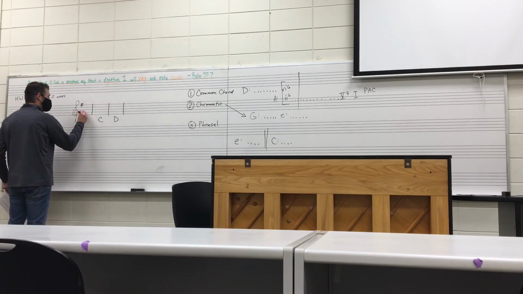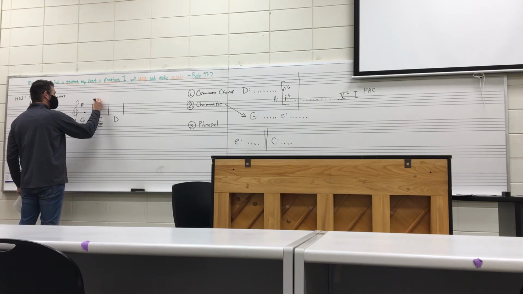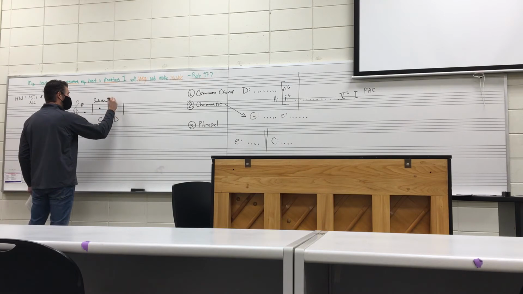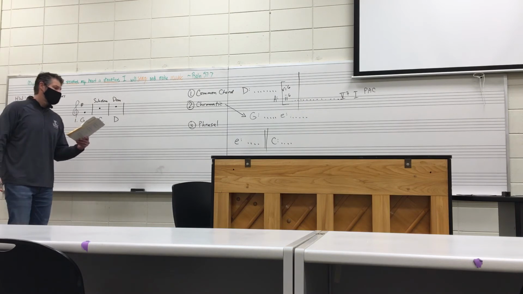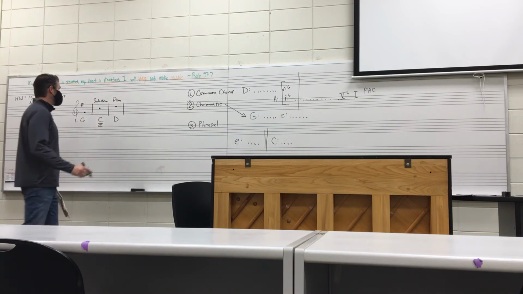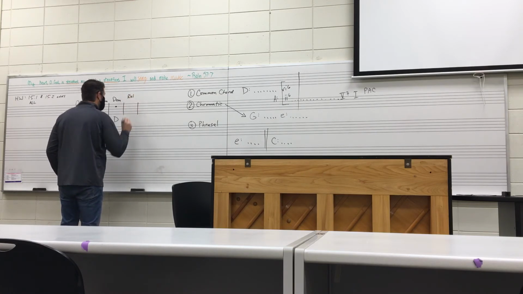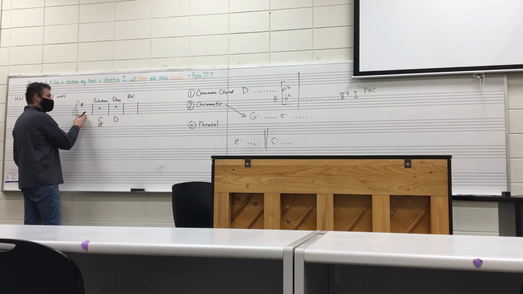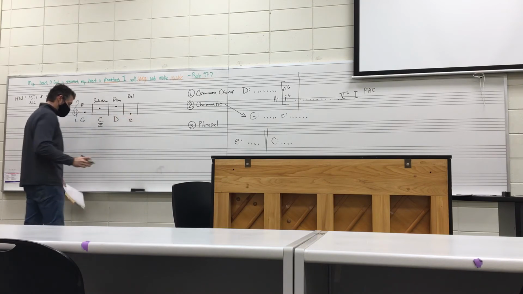So if I'm here and then here, instead of calling that the 4, I'm going to call it the subdominant. The D then is the 5, the dominant. And then I'm going to go to the relative minor. And so here, if my original key was G, then I know the relative minor is here, so they gave us an E.